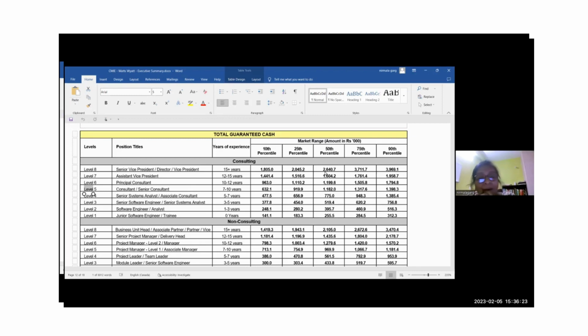Okay. All right. So now what is very, very important is, how do you arrive at the 10th percentile, 25th percentile? If I've taken 10 companies from where I have taken data, how do I arrive at this percentile? Anybody who's familiar with it? How do you analyze?